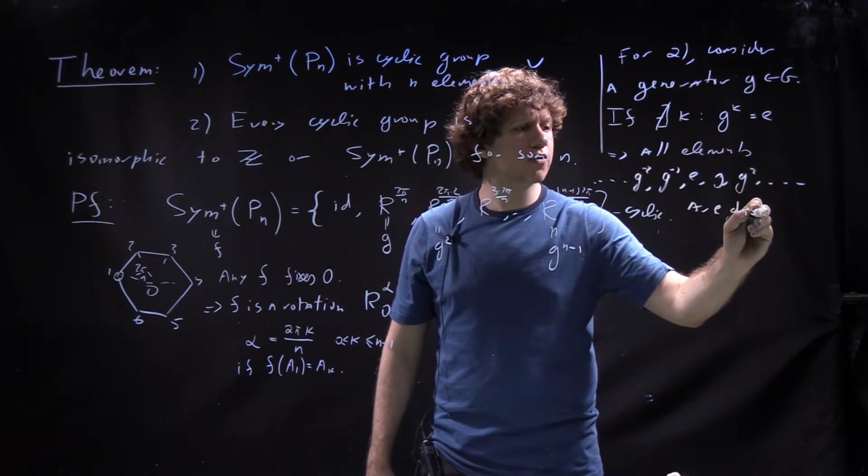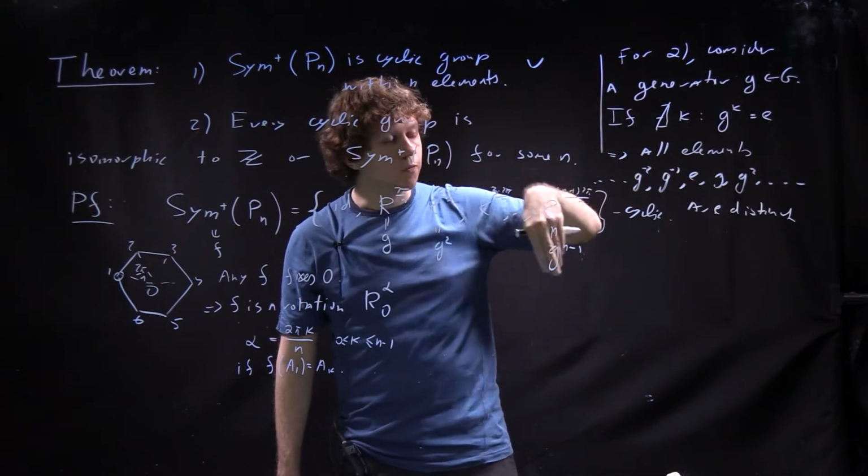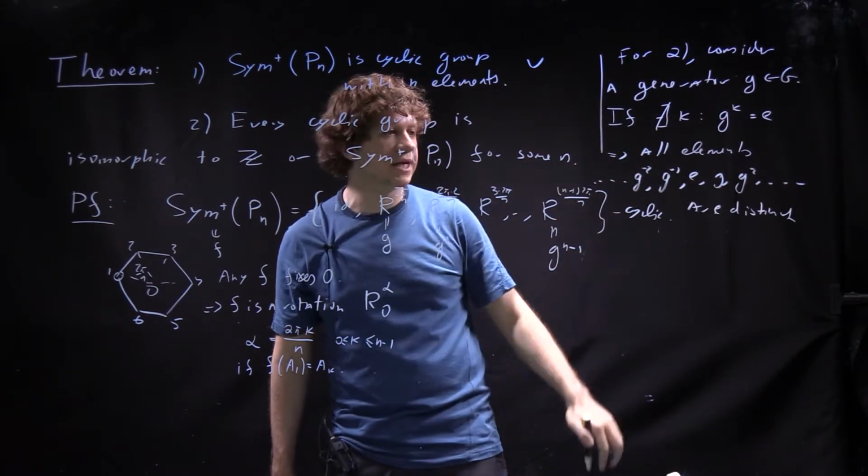Because if two of them coincide, g to some power equals g to some other power, one divides and gets g to some power is identity.